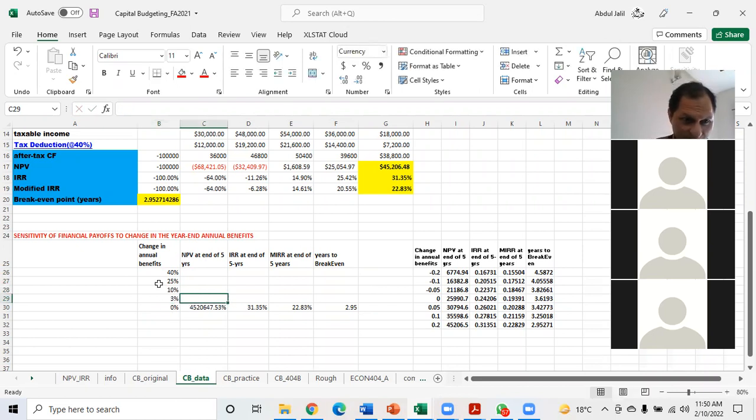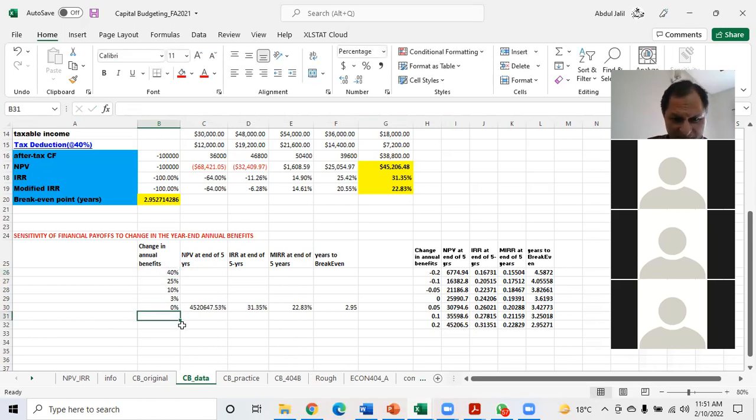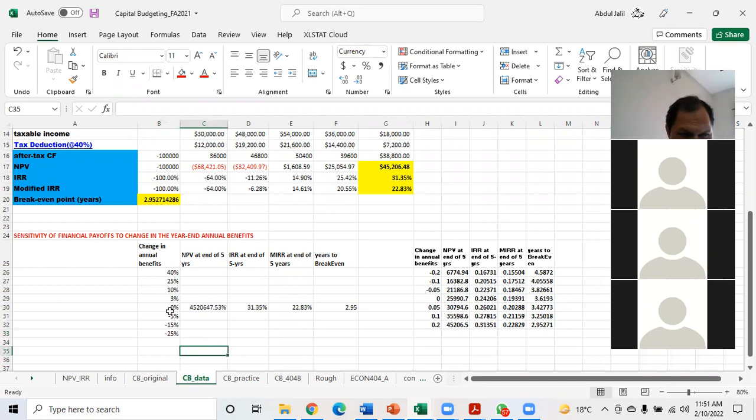So in this way, and these are the positive changes. Upward is positive and downward is negative. So minus 5%, then you can change minus 15%, and then minus 25%. Because you cannot reduce these benefits so largely, otherwise definitely the project will not be beneficial.